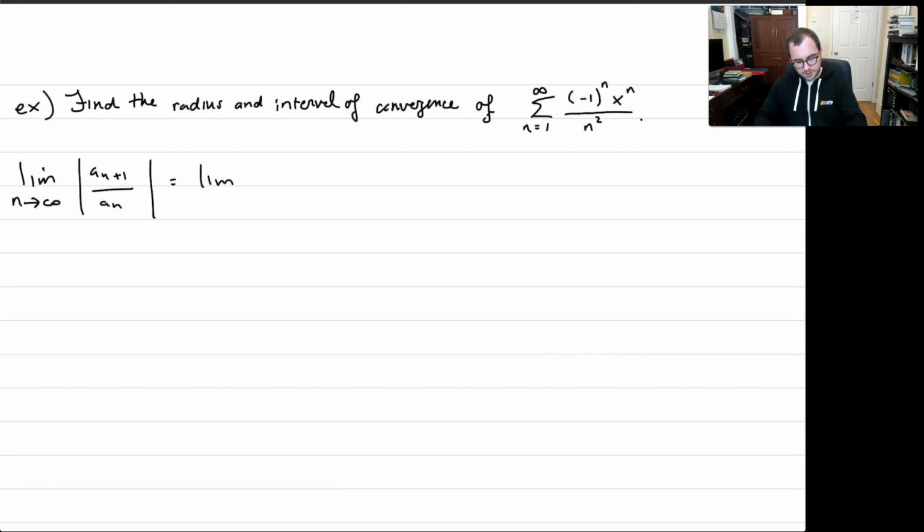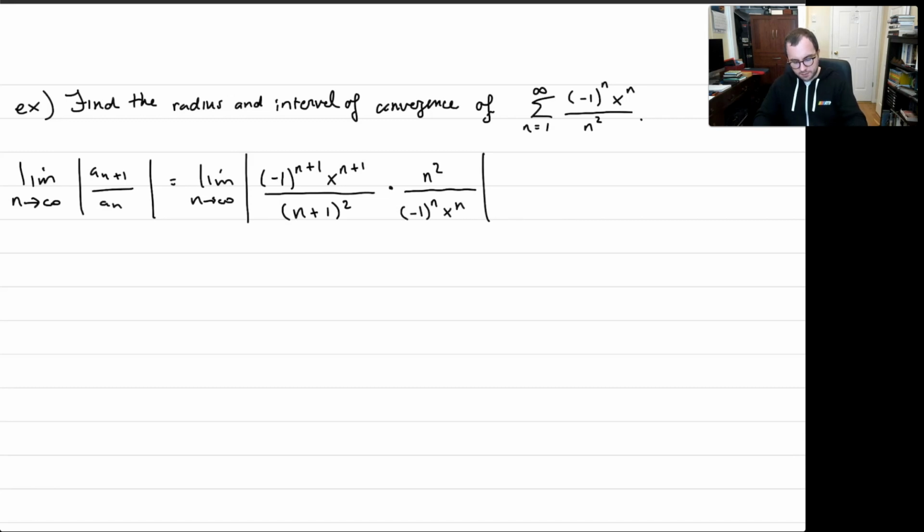And this limit is nice because it's going to get rid of all the negative numbers eventually. Let's see. Negative 1 to the n plus 1, x to the n plus 1, over n plus 1 squared, times n squared over negative 1 to the n x to the n.